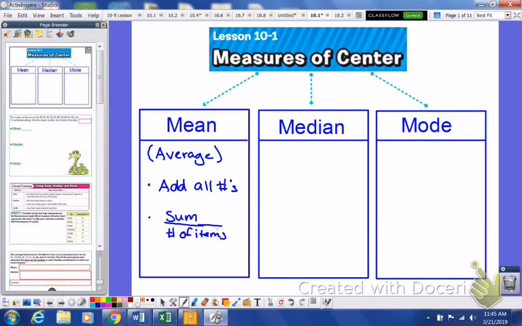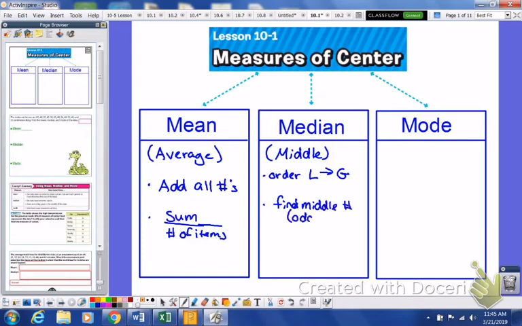Okay, your median, that is your middle. So first thing you need to do, always order them from least to greatest. Then you want to find the middle number.